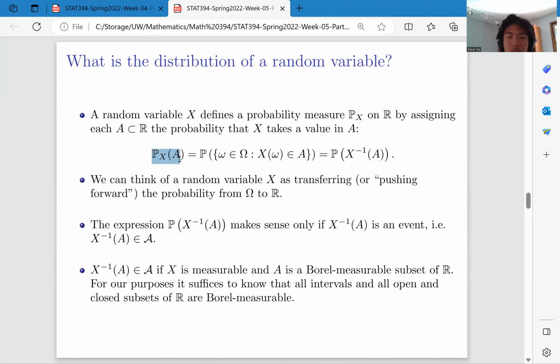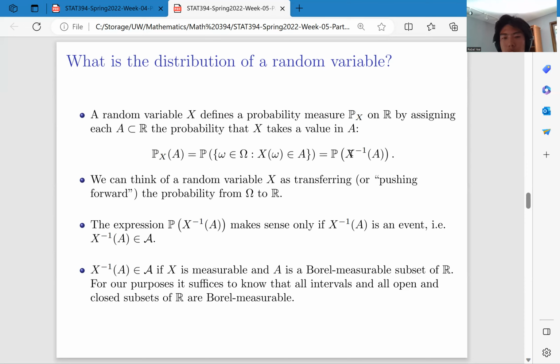This notation means the probability that the outcome happens if the random variable takes a value belonging to a certain subset of the real number line.